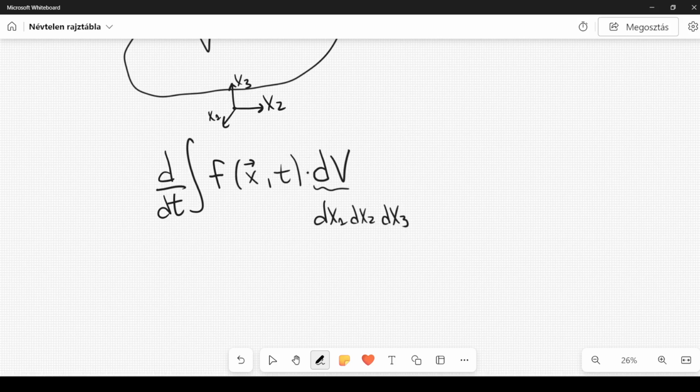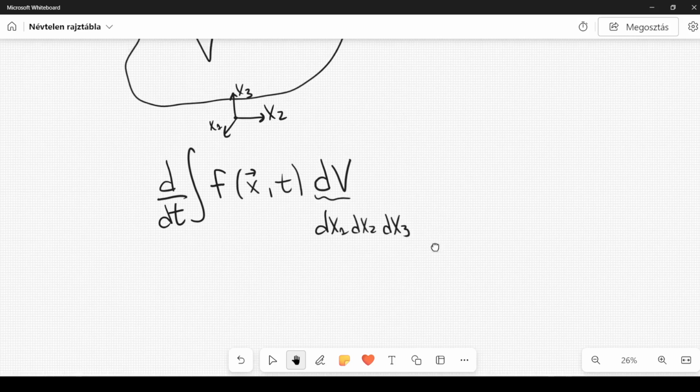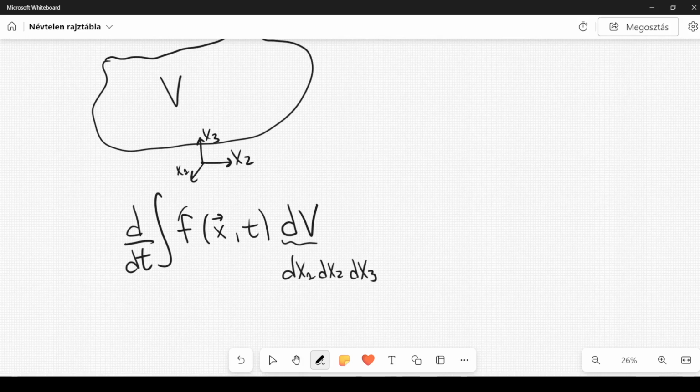Now, if the volume changes in time, not just the function but also the volume, which means that the boundary of integration changes with respect to time. Or if you want, you can think that these small volumes change with respect to time. So quite informally, we can think that this integral is just a summation, and therefore we can apply the usual rules for derivatives.